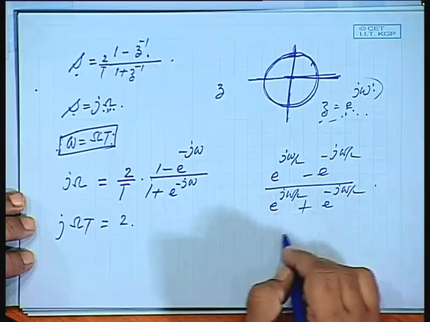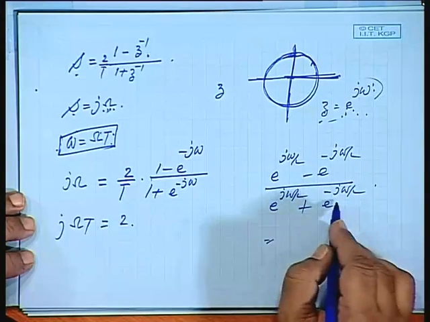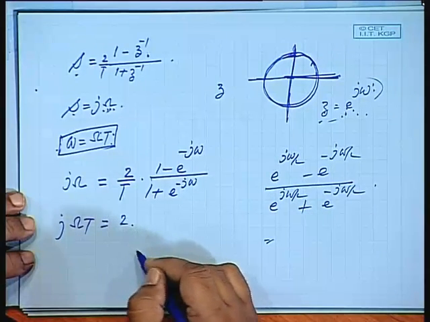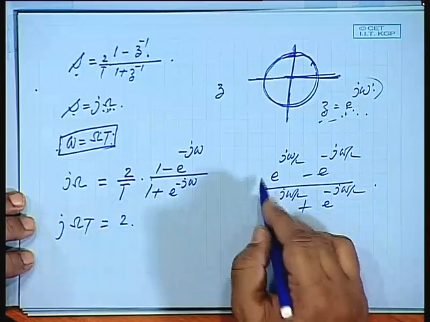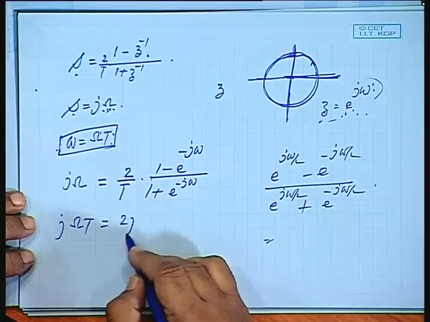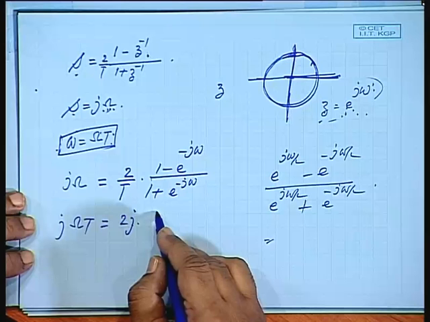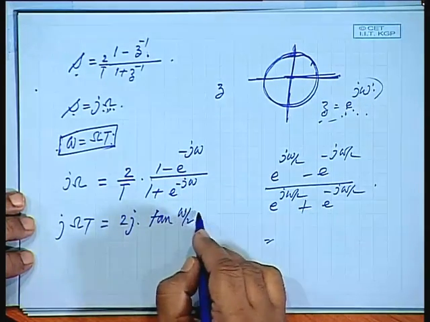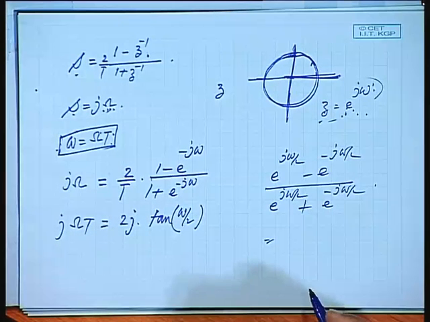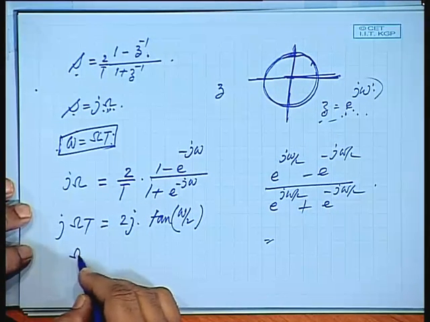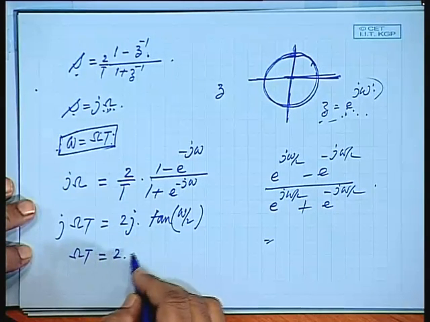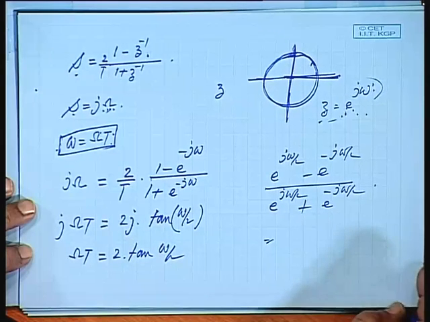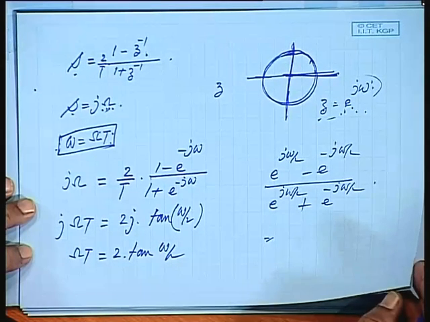So, this will be sine and this will be cos, there will be a 2j term coming out of this, so that j will get cancelled, 2 and 2 will get cancelled. So, this will be sine by cos, so tan omega by 2, or omega T is equal to 2 into tan of omega by 2. This is the relationship between small omega and capital omega.